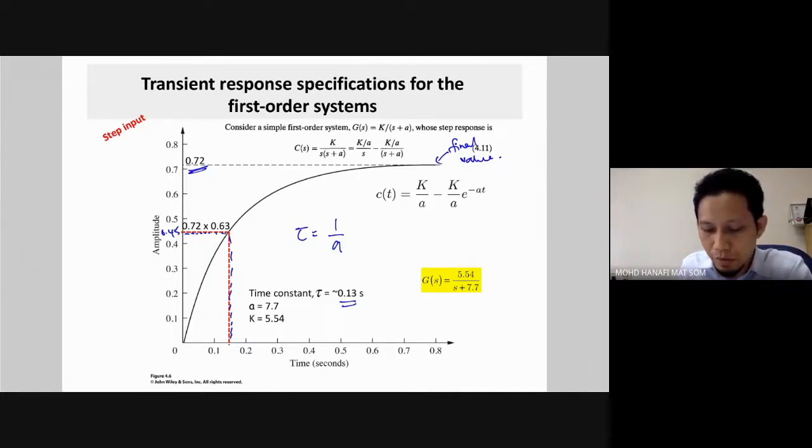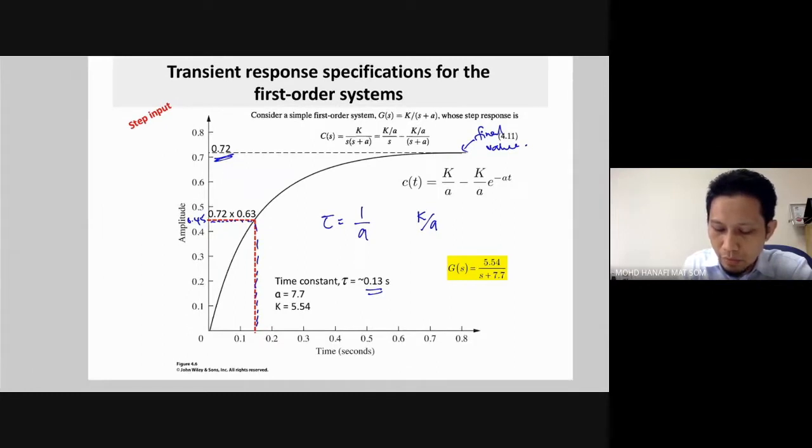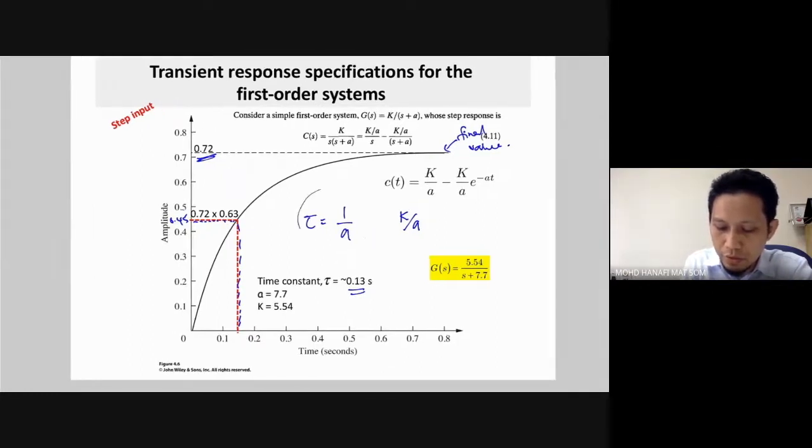Okay, 0.13 seconds. And then how to find the value of a? We know that K over a is the final value. We can find the value of a using this expression. We know that 1 over a is equal to tau.